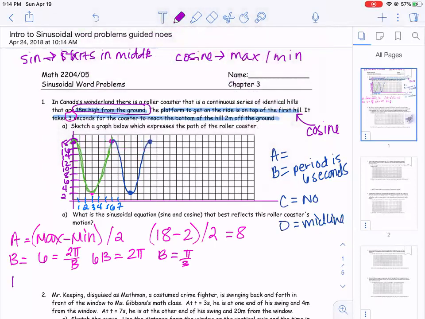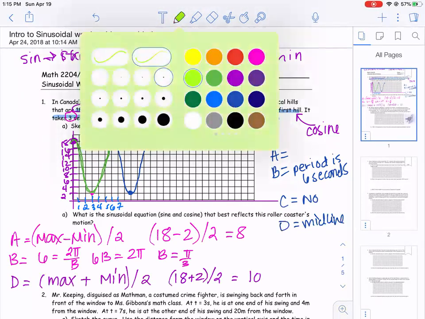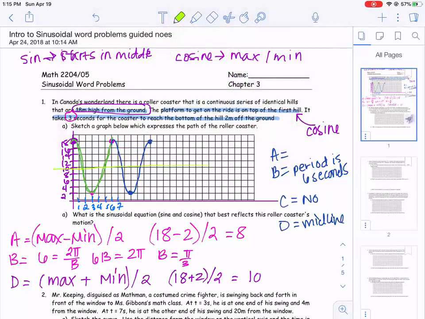There was no C, and then D is going to be your max plus your min divided by 2. So we've got 18 plus 2 divided by 2, which is 20 divided by 2, which is 10. So 10 is halfway between.